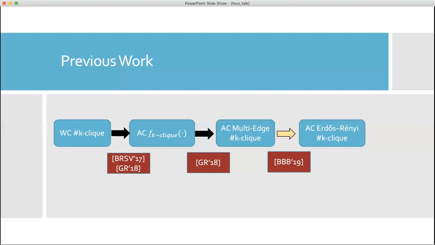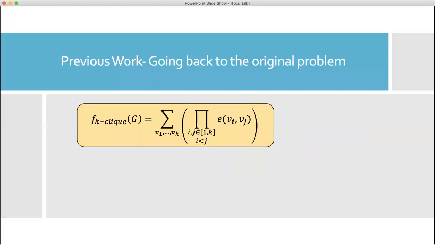To see on a very high level how this last step is achieved, let's see what the polynomial of KClick is. So it's easy to get it basically. For each pair of vertices vi and vj, we have a variable e of vi and vj, which on an input graph G is 1 if the edge exists and 0 otherwise.